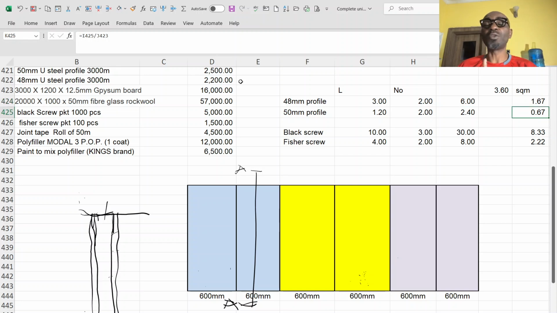While this other one, I'm going to get 0.67. That is the top and the bottom profile. I'm going to get 0.67 per square meter, because I use this total linear meter to achieve this area.